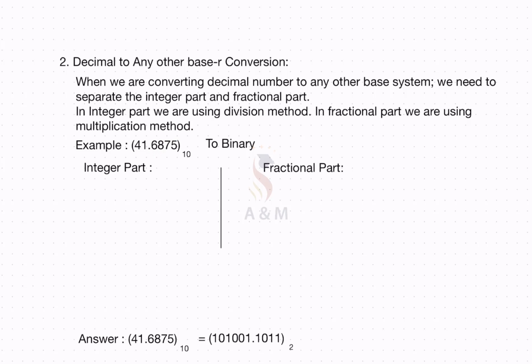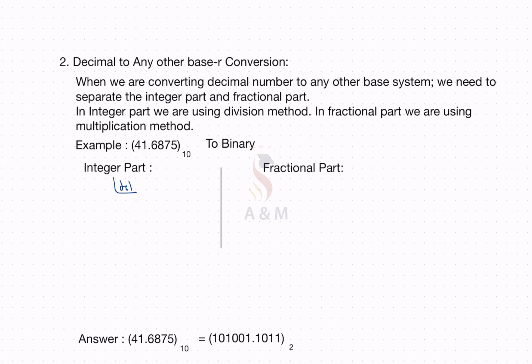Consider the integer part, that is 41, and it is divided by the base 2, because we are converting decimal 41.6875 into binary.